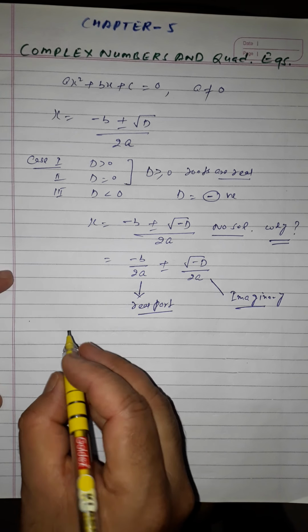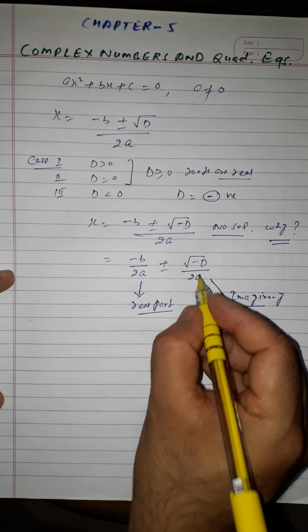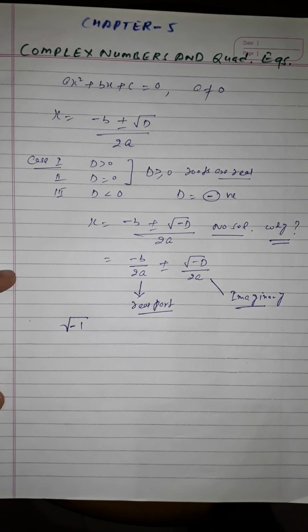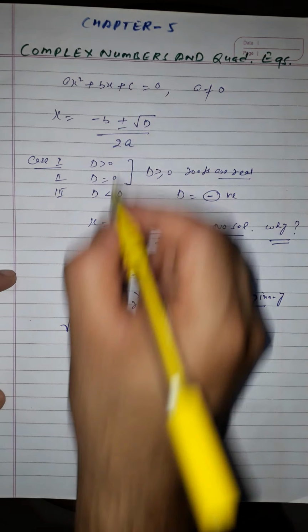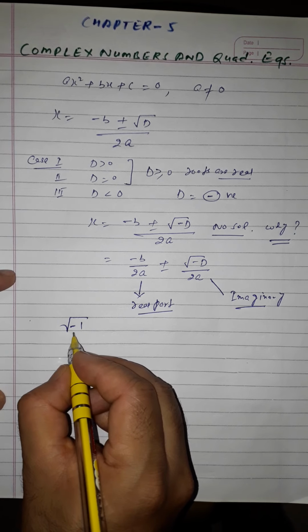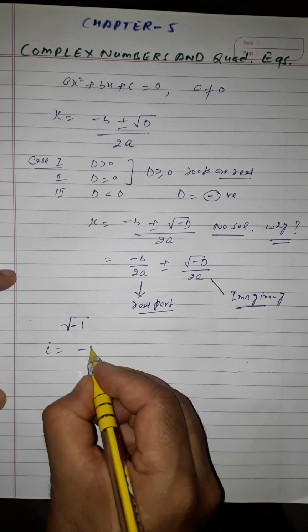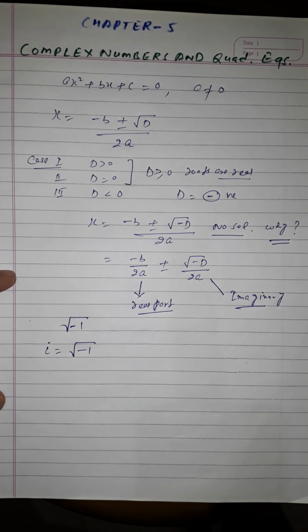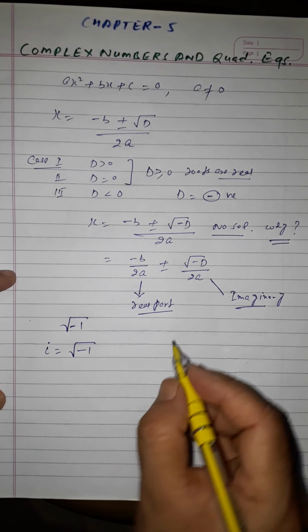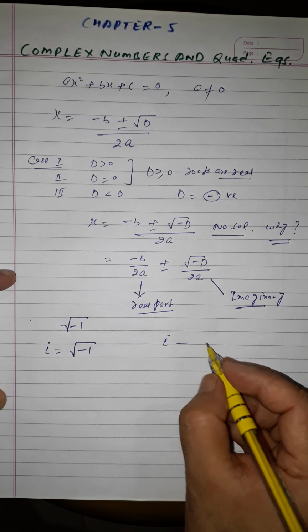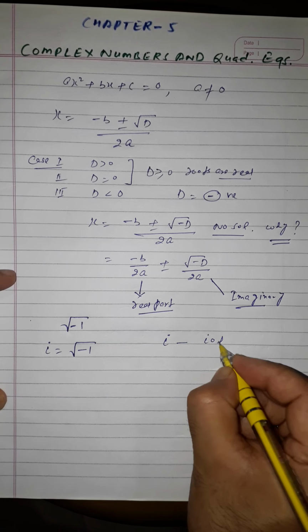When the discriminant is negative, we have the root of minus 1. In the complex number, remember students, this is represented by i, and i is equal to root of minus 1. This i is pronounced as iota.